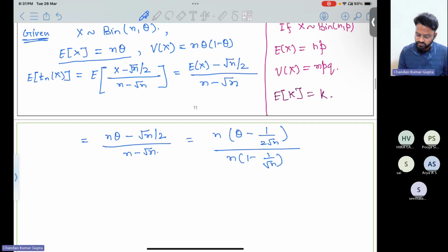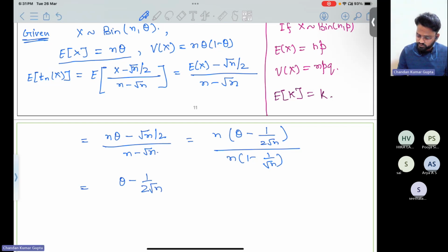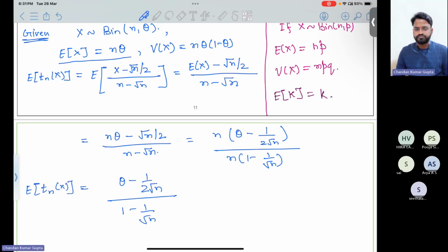These two n's cancel out, and we get (theta minus 1 upon 2 root n) upon (1 minus 1 upon root n). This is the expected value of Tn.